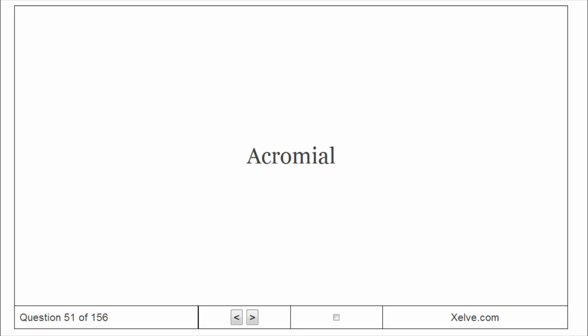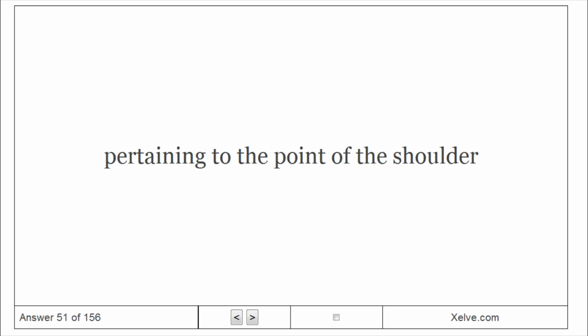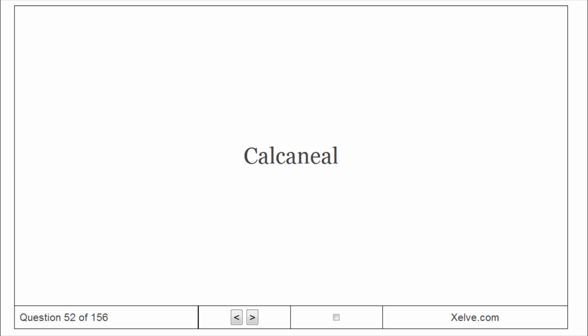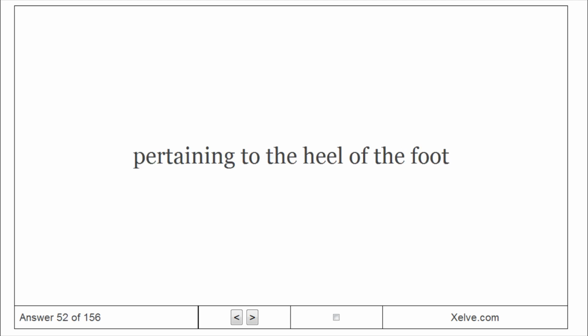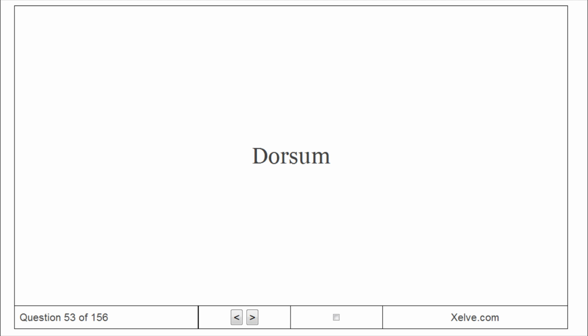Acromial: pertaining to the point of the shoulder. Calcaneal: pertaining to the heel of the foot. Dorsum: pertaining to the back.